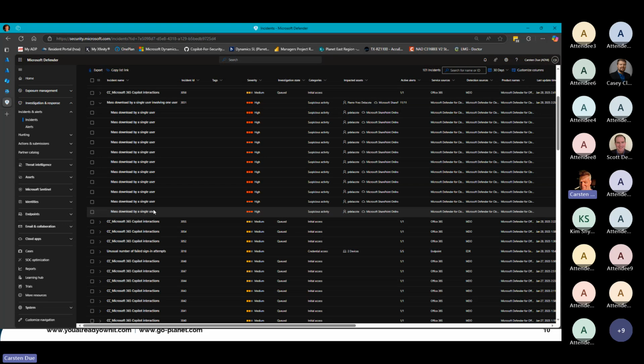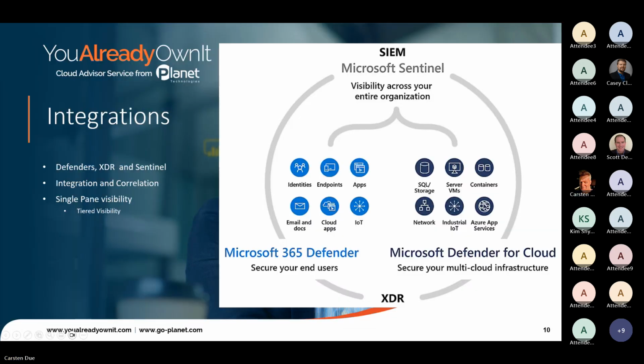So if this was a lateral attack where I steal credentials, so I get a man in the middle, I get in somewhere, I do a lateral move. That is multiple alerts where Sentinel would plug that together into one incident and also describe what's happening across that attack. All right. So let me move on here.